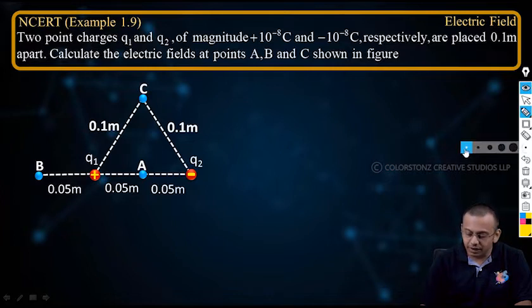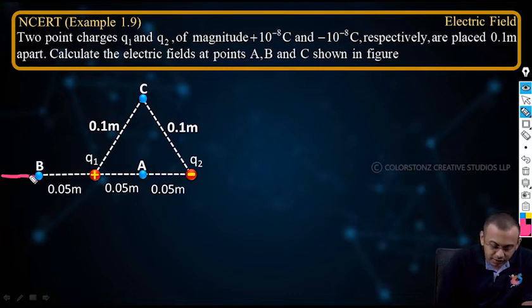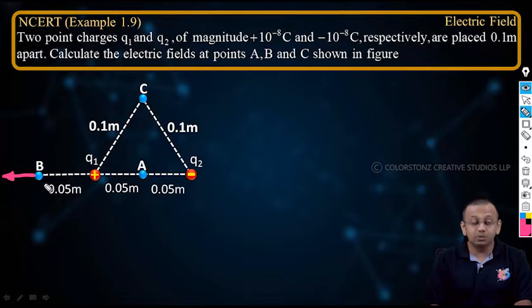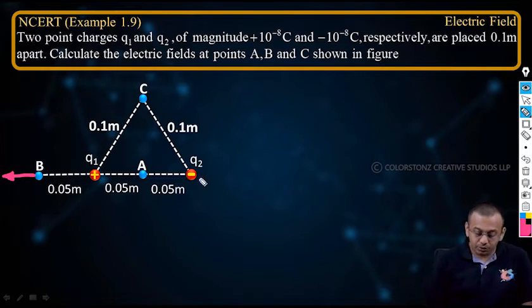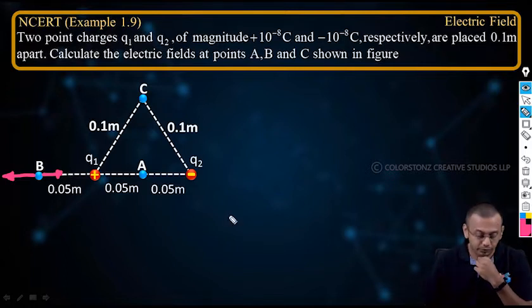For case B, if I analyze, due to the positive charge, of course, there is a repulsive field. And also we need to observe here that the positive charge is closer to B, unlike the A case, where both were equidistant. So the positive charge is closer, the negative charge is far away. So the field due to the negative charge will have a lesser magnitude.